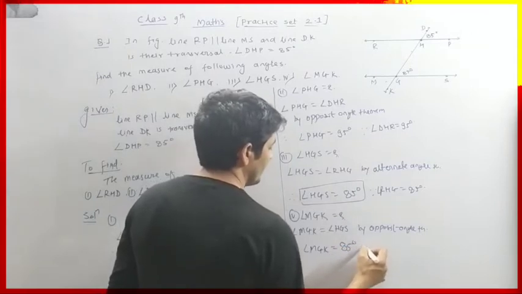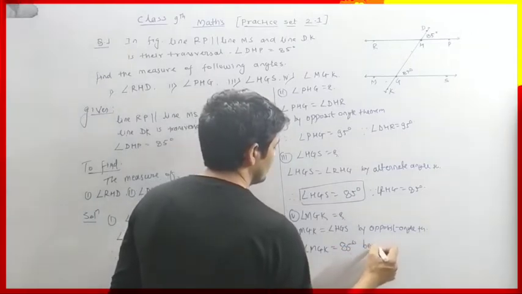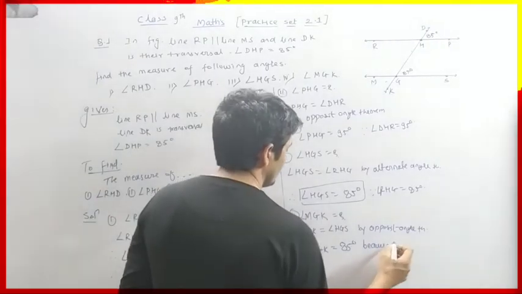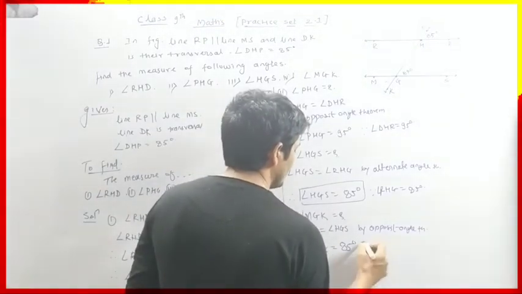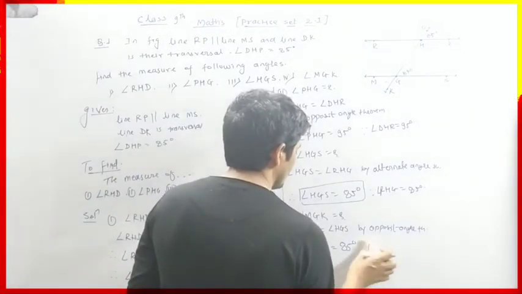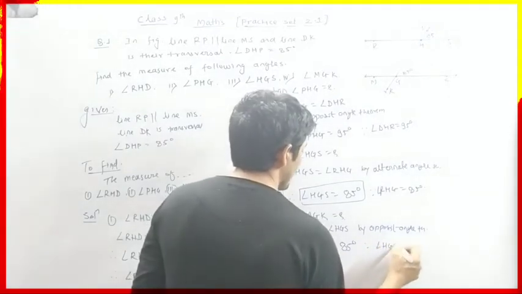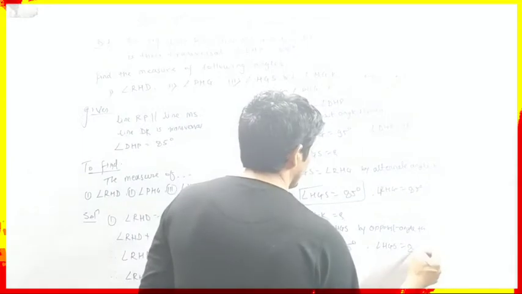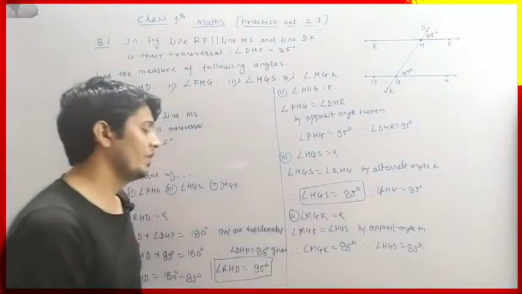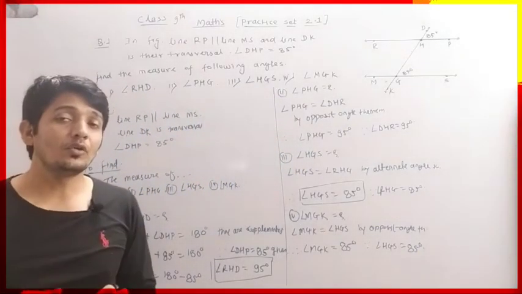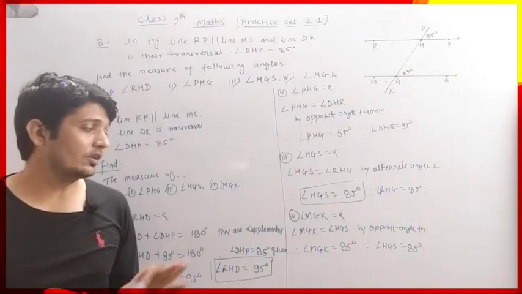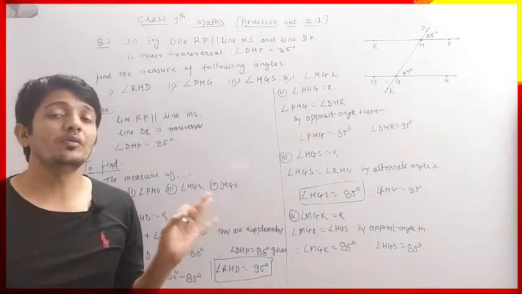So we write the reason, because or by, since angle HGS is also 85 degrees. So here we have now calculated all the four given angles.